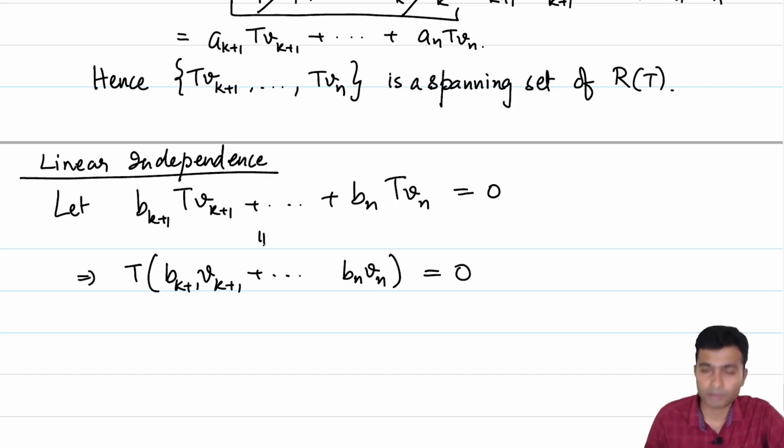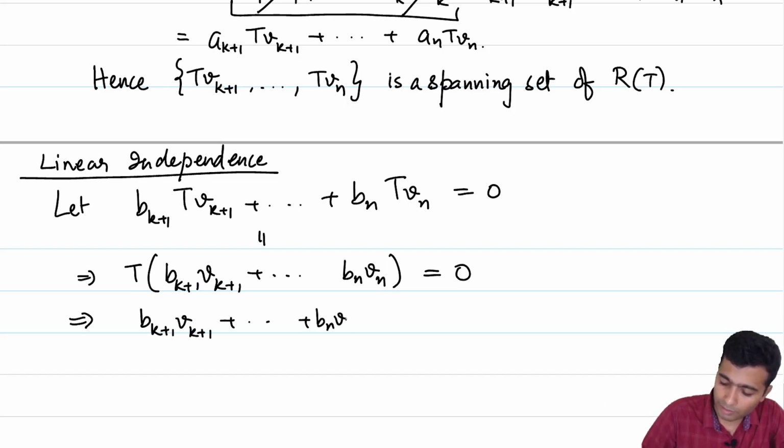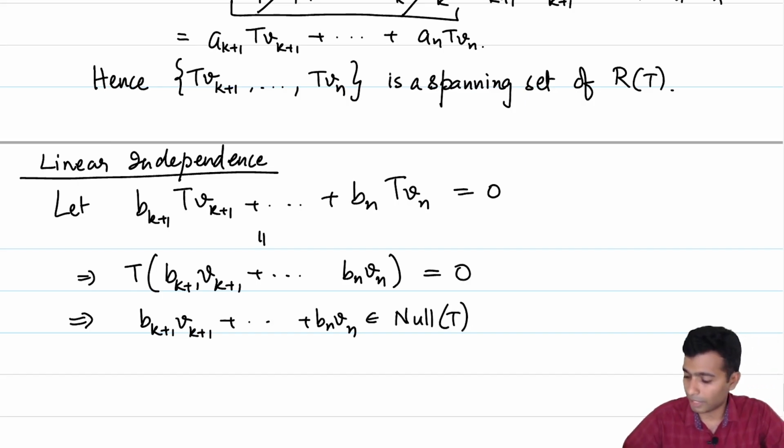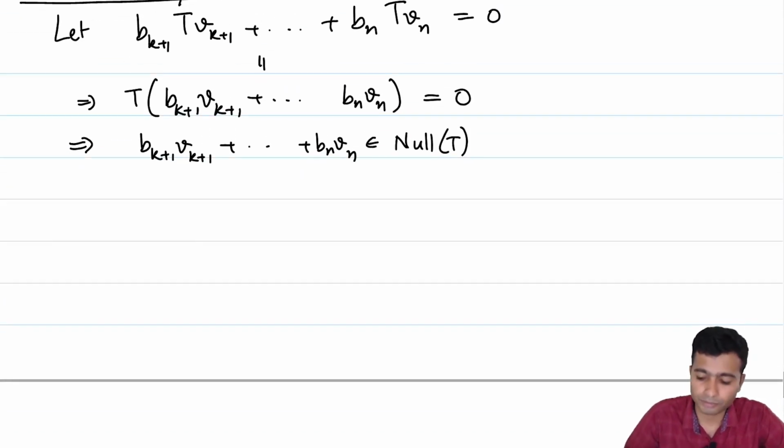But what is the meaning of some vector being sent to the 0 vector by a linear transformation? It means that it belongs to the null space of T. So this implies that Bk plus 1 Vk plus 1 plus up to Bn Vn belongs to the null space of T by the very definition of what null of T is. But every vector of null of T can be written as a linear combination of its basis vectors, if you have a basis already, which we have.